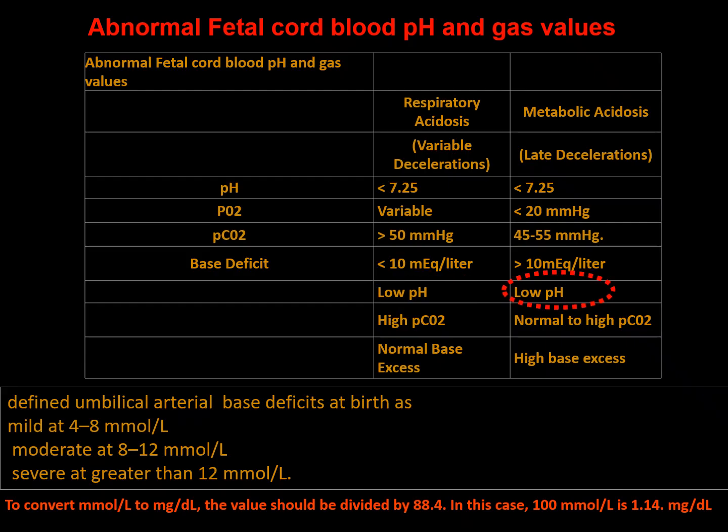We define the umbilical artery base deficit at birth as mild if between 4 and 8, moderate between 8 and 12, and severe if more than 12. If it is more than 12, it is associated with an increased risk of hypoxic ischemic encephalopathy.